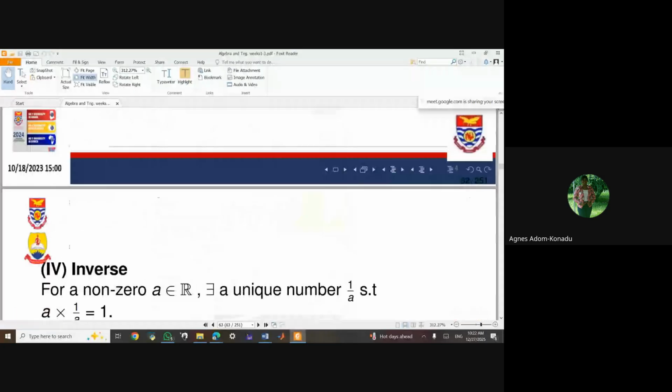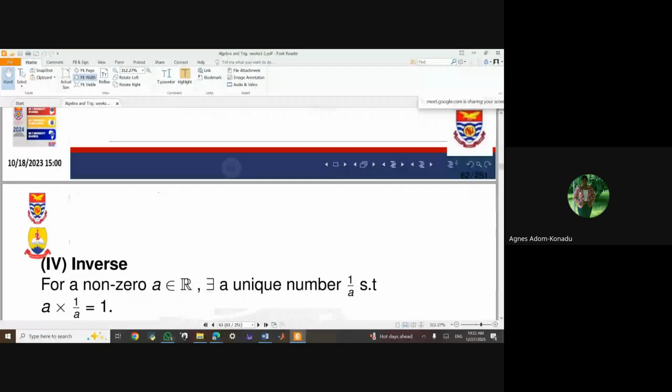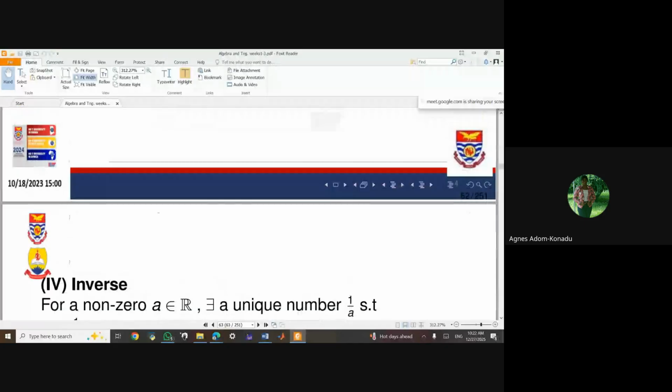And what would be the inverse? When we talk about the inverse, it is the number that when I multiply by the number itself, I get the identity. So what will be the multiplicative inverse of a number a? 1 over a.